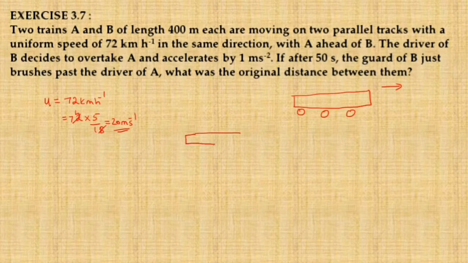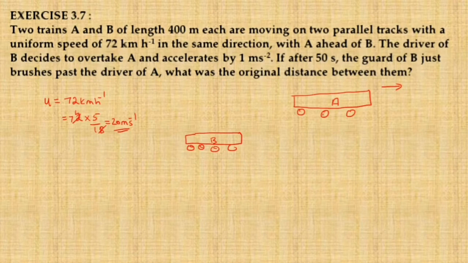Say this is the train B. Train A is ahead. The length of each train is given as 400 meter. Correct? Now the driver of B decides to overtake A and accelerates by 1 meter per second square.